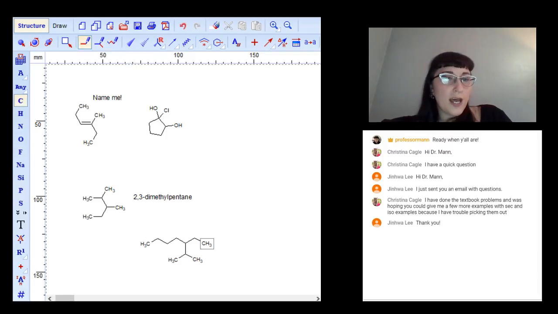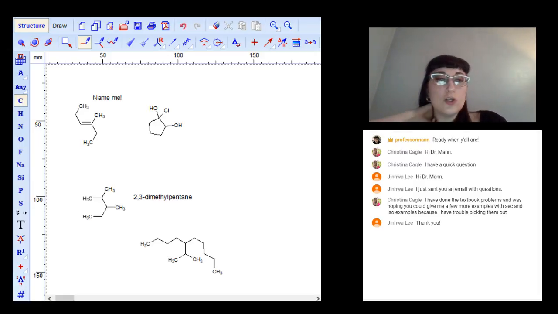But what if I had something like this, where it might be easier to look at this as a longer carbon chain with one substituent on it? That would be an isopropyl group.